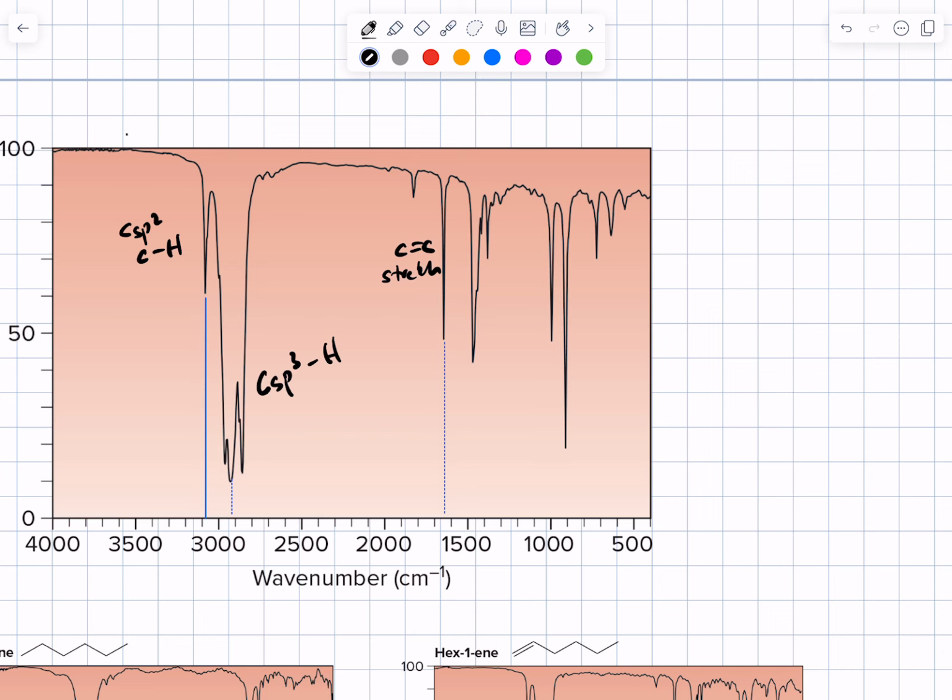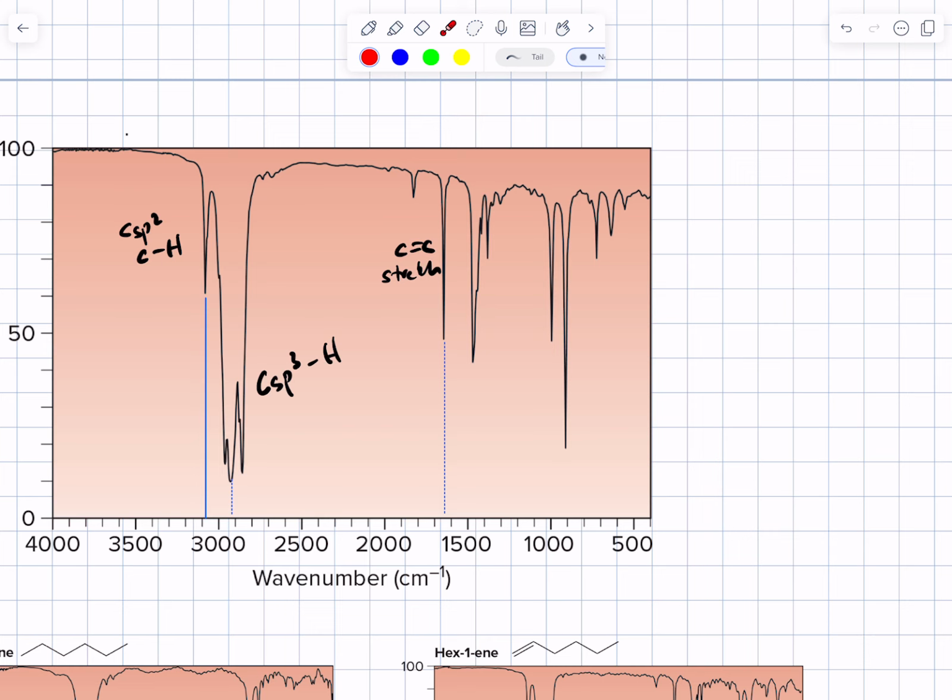So does this speak at all to the quantity of this kind of bond? It's a good question. Would this tell you the quantity of a bond? Sort of. You can tell there's probably more sp3 hybridized carbon hydrogen bonds than sp2 hybridized carbon hydrogen bonds, but there's no quick one-to-one correlation.